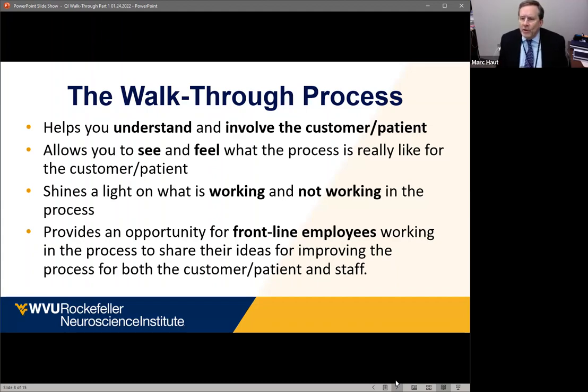And the thing that we learned as we practiced this, including the person who was laying down on the table pretending to be the patient, is all the strengths and weaknesses that we could see about how we were actually going to do this procedure.